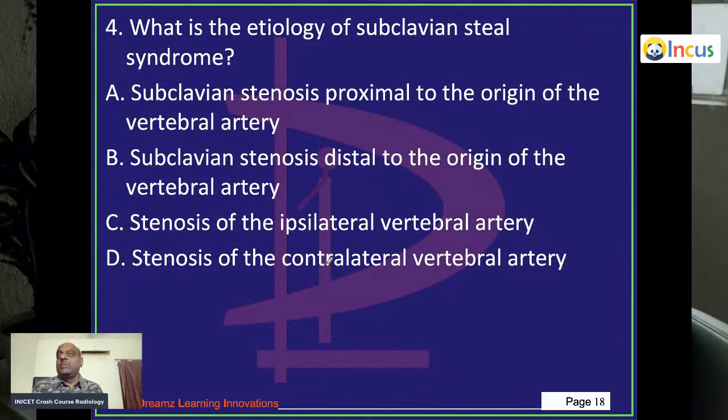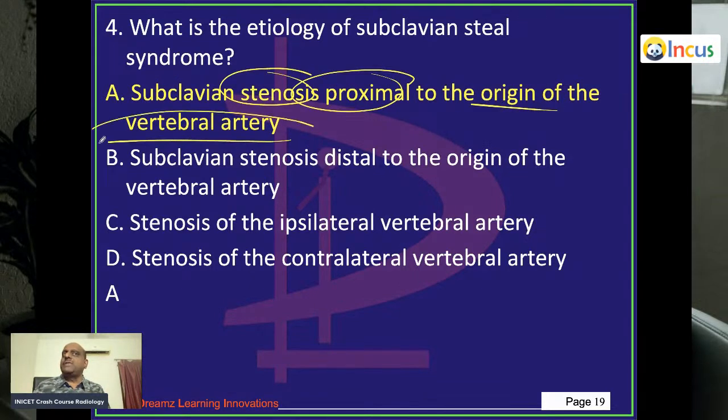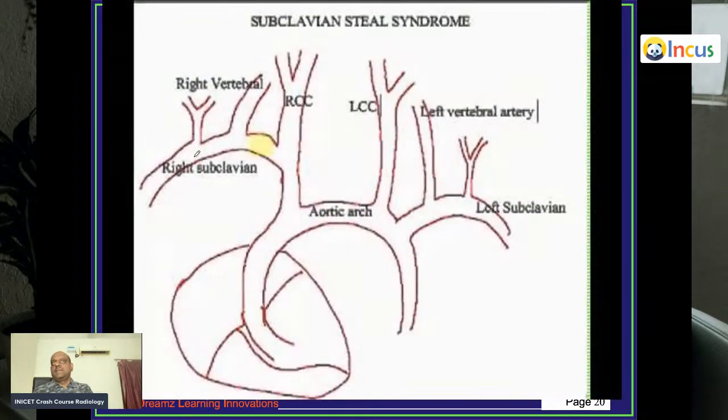So doctor, what is the etiology of subclavian steal syndrome? Punch your answer. Keep punching your answer. So subclavian stenosis proximal to the origin of the vertebral artery. So you are having left vertebral artery, left subclavian, right vertebral artery, right?